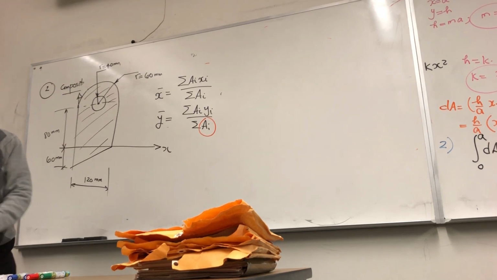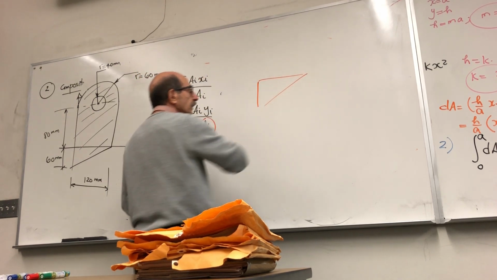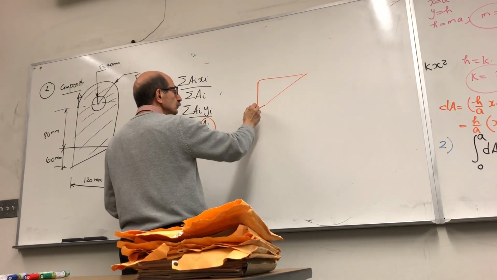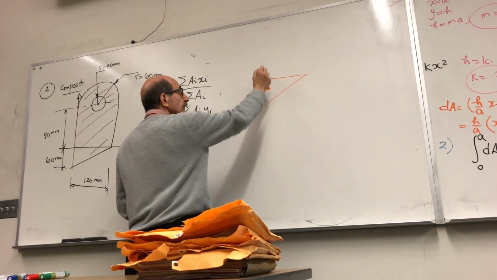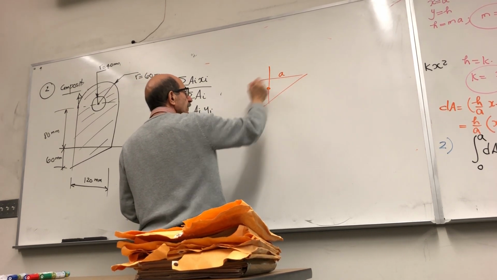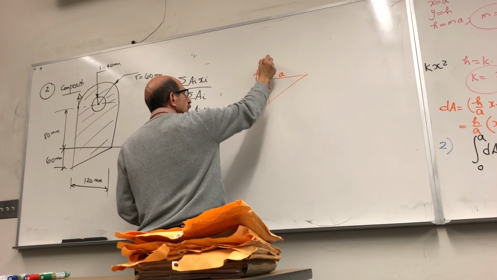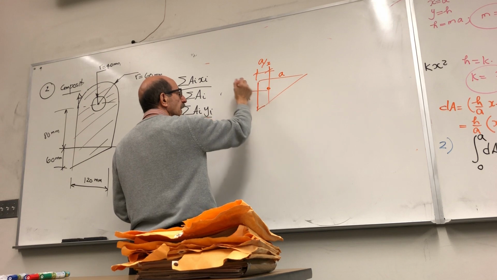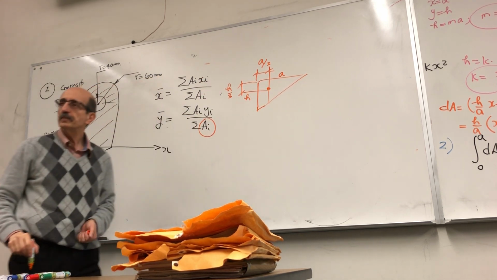What do I mean by that? For instance, if you have a right angle triangle, right, you would know that the centroid of this shape is located, if this is, say, A, this is H, at 1/3 of the distance from this side and 1/3 of the distance from here.